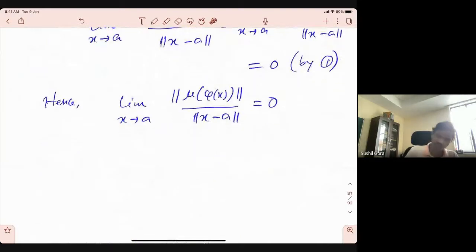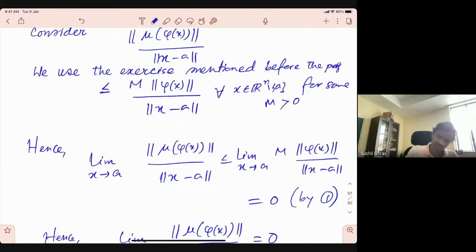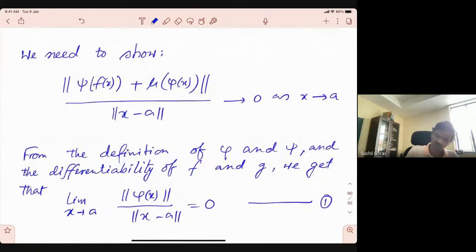Now let me call this one star. So you see this part actually goes to 0. What we need to show is that the other part goes to 0.